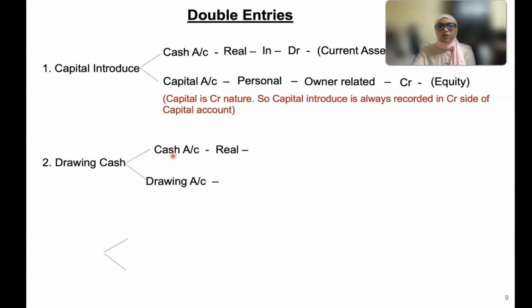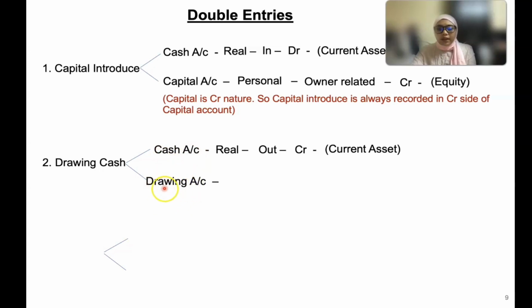Cash is what? Real, right? If it is in, we will record in debit. If it is out, we will record in credit. The owner is taking cash from the business, so cash is out, so we are going to record in the credit side. Okay, then drawing. If we record the credit side in the cash account, definitely drawing we are going to record in the debit side.